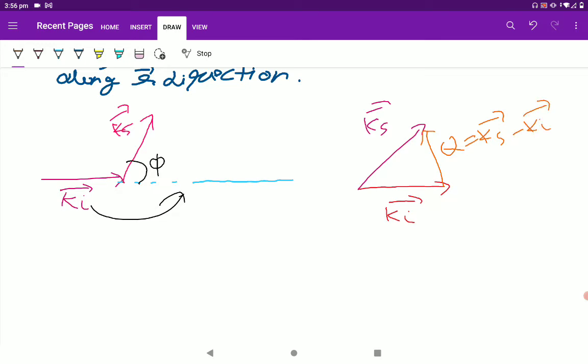The difference between ks and ki is a very important quantity which we will use in our upcoming calculations. So this is phi, that is the scattering angle.